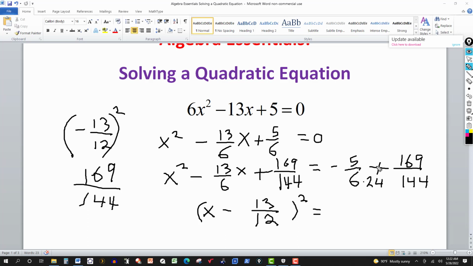That gives me 144. So multiply the same thing up here, get the same denominator. So now the common denominator is 144. Then 24 times negative 5 gives me a minus 120, and 169 minus 120 is 49.